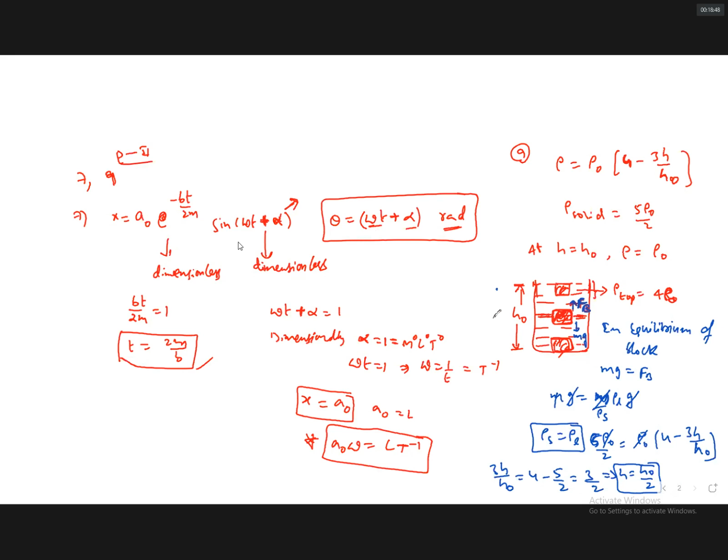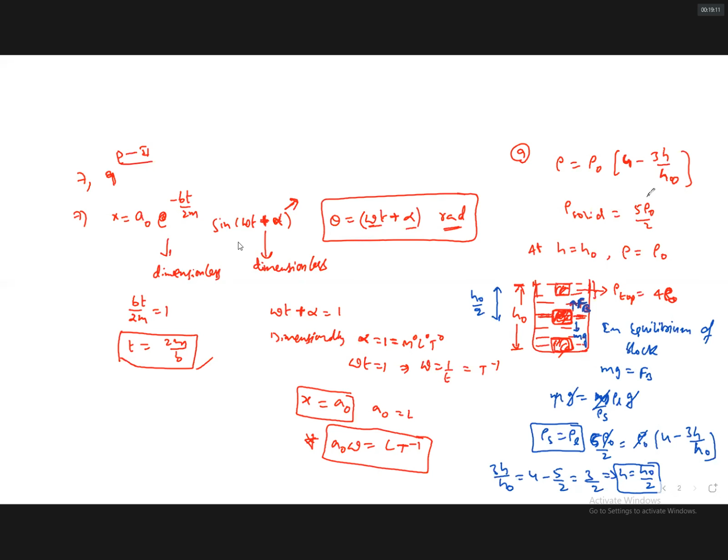the surface. At depth h naught by 2 it is in equilibrium, where the density of the solid and liquid are equal. Now if we disturb the body from its equilibrium position, it executes oscillations. As depth increases, the density of the liquid decreases.